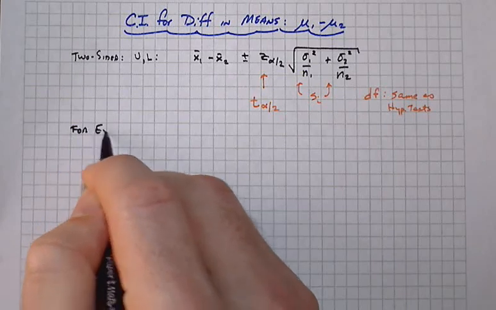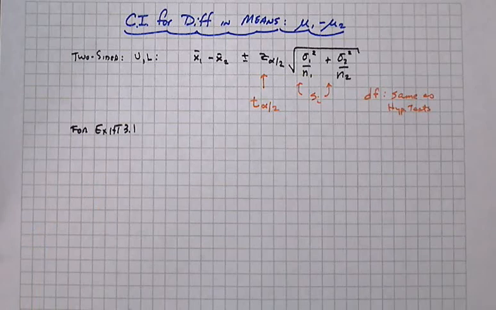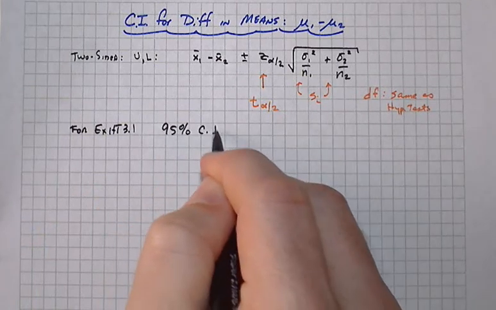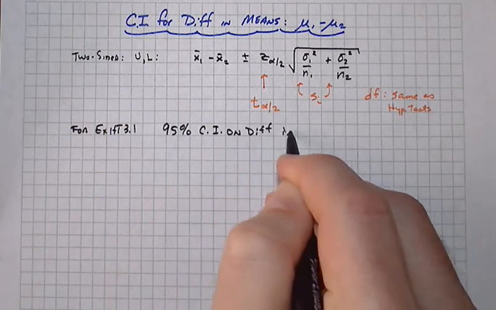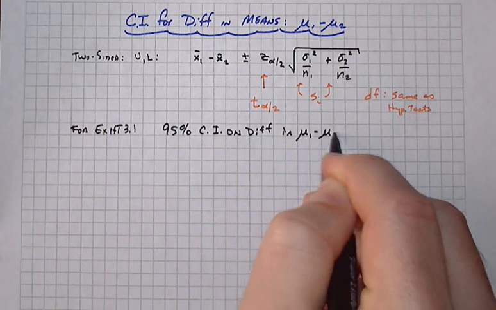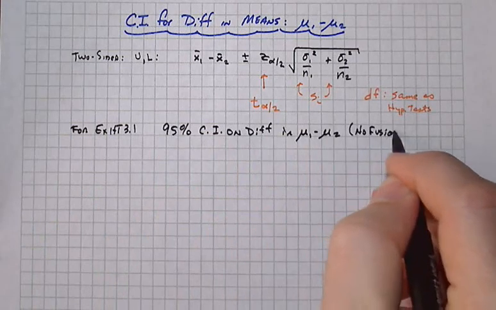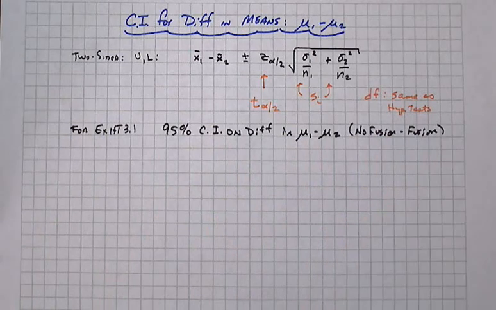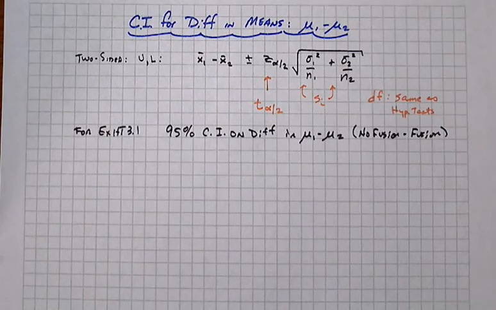Okay. For our example HT 3.1, then a 95% confidence interval on the difference in the two means, right? That's the no fusion versus fusion for the tensile strength of those pipeliners, right?